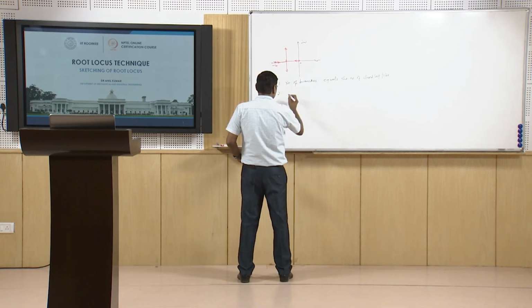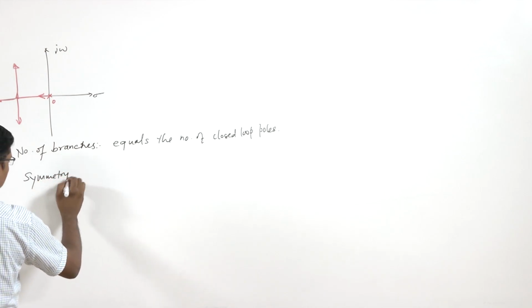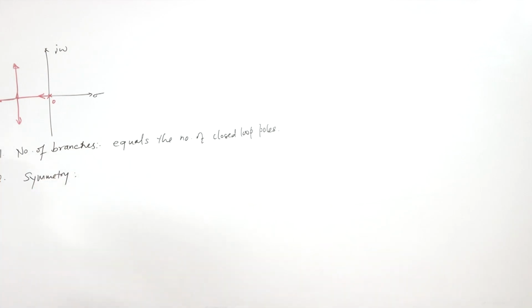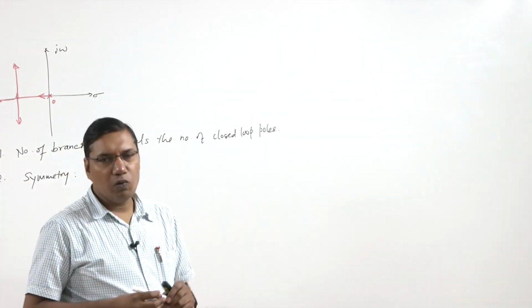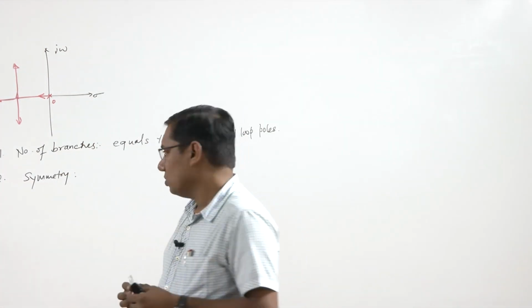The second rule is symmetry. Here we can say that the root locus is symmetrical about the real axis.